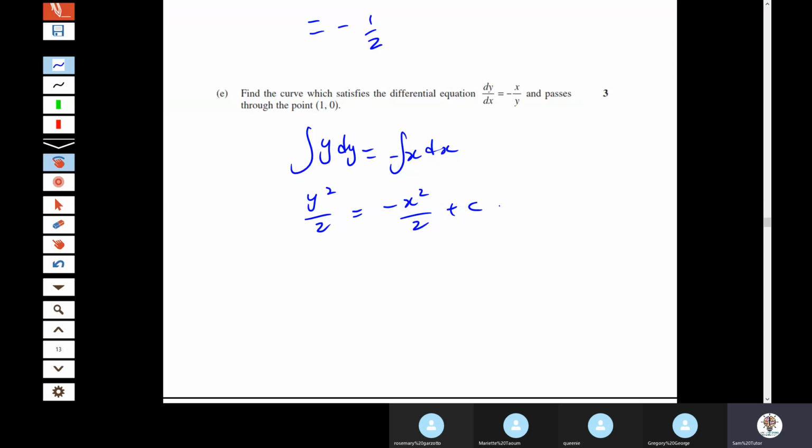Yes or no? Then you sub in x equals 1, y equals 0, therefore c equals half. Is that correct?